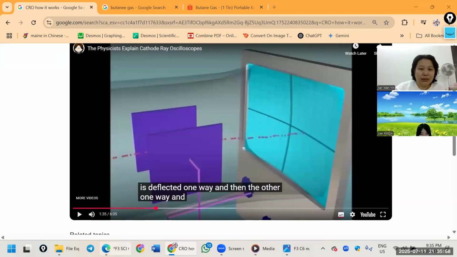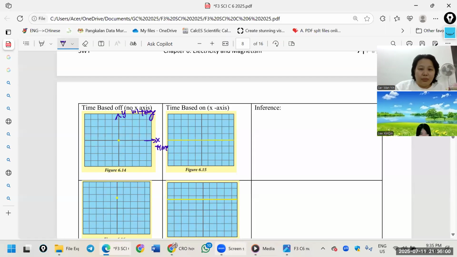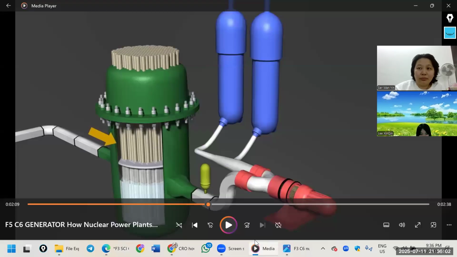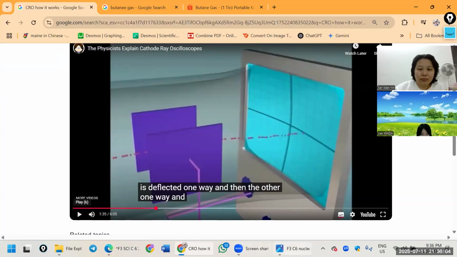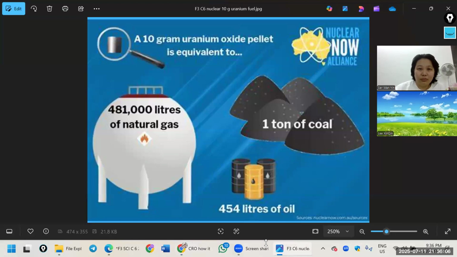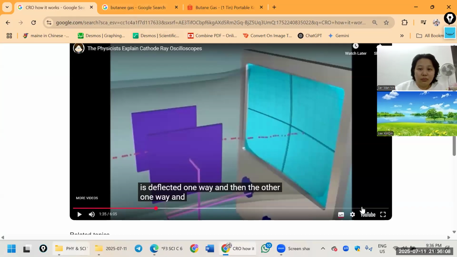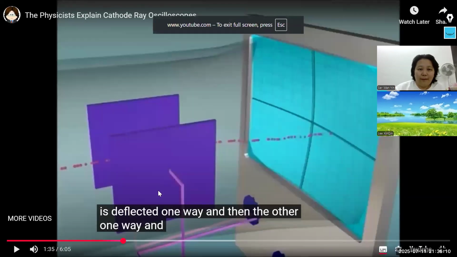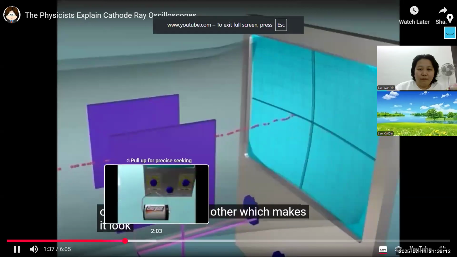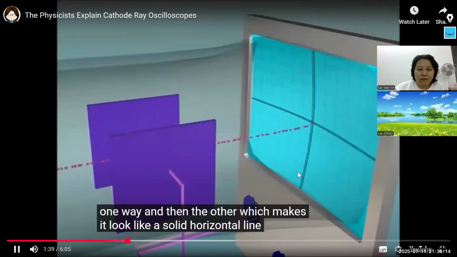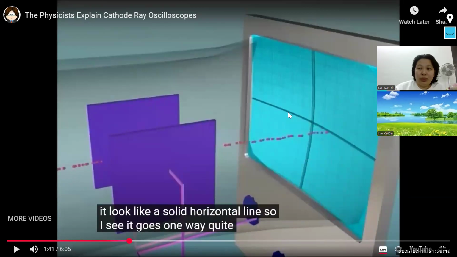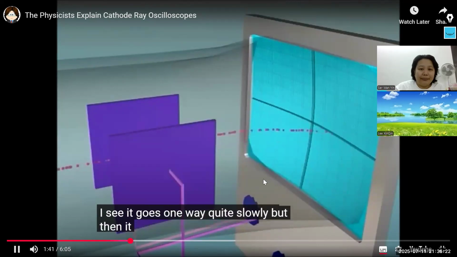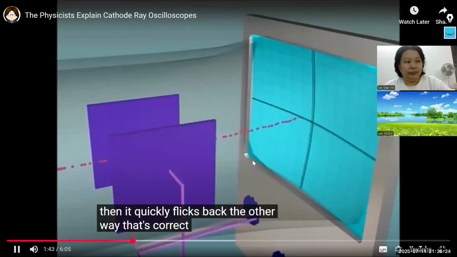It makes it look like a solid horizontal line. So I see it goes one way quite slowly, but then it quickly flicks back the other way? That's correct. Okay.